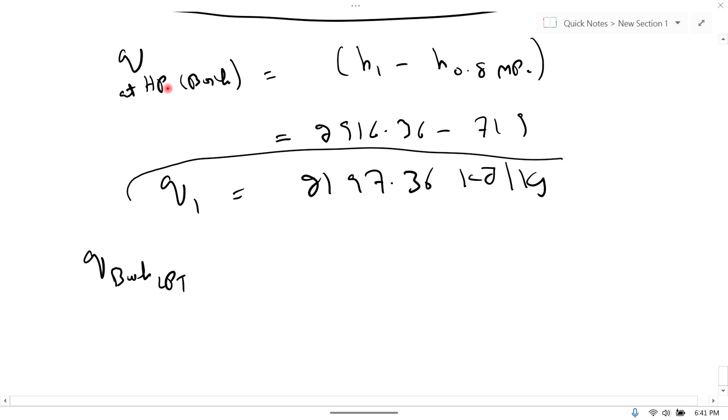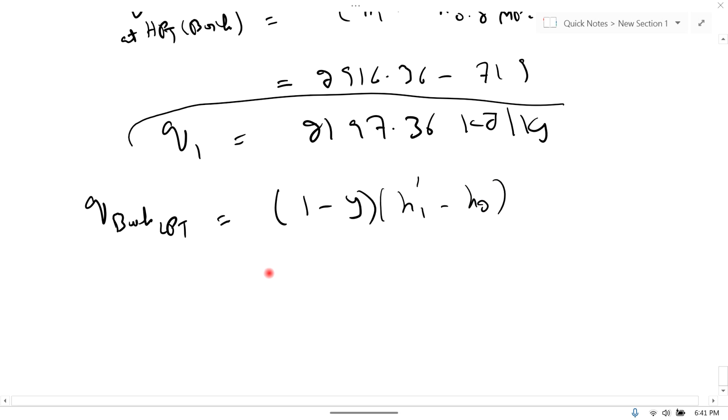Now Q in boiler of low pressure turbine. This is the high pressure turbine, Q in boiler of high pressure turbine, and this is Q of boiler at low pressure. So this is equal to 1 minus y, because y is extracted here, and now here only 1 minus y is heated at low pressure, H1 dash minus H2.